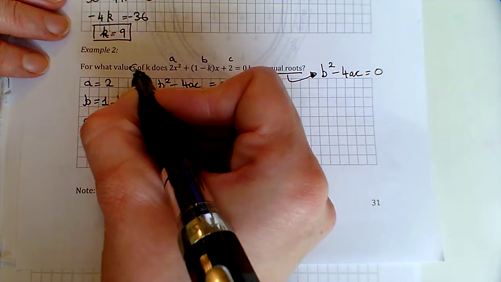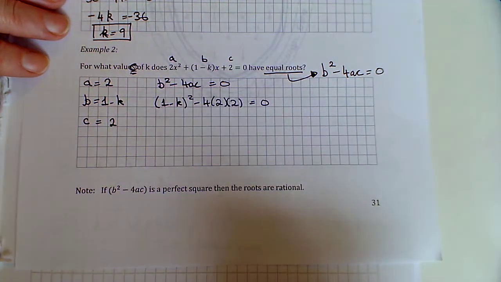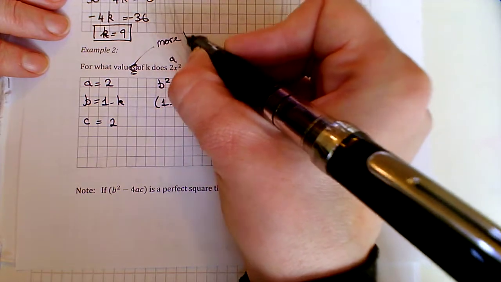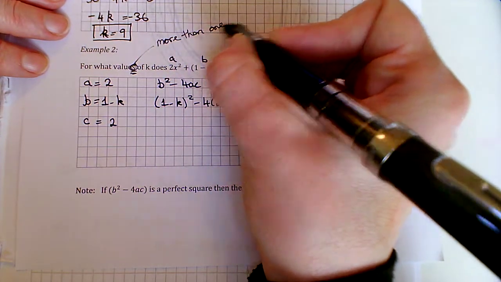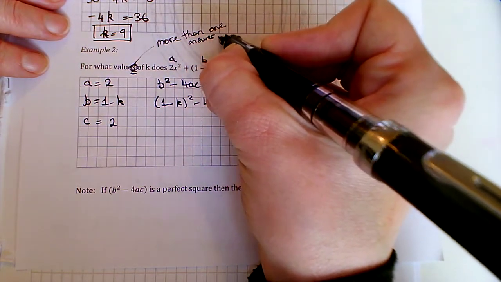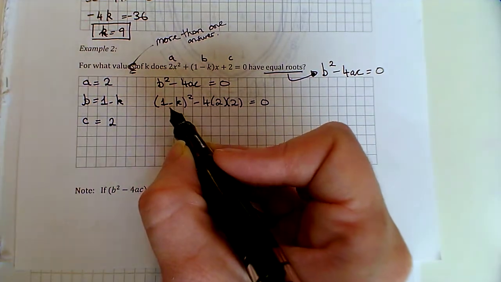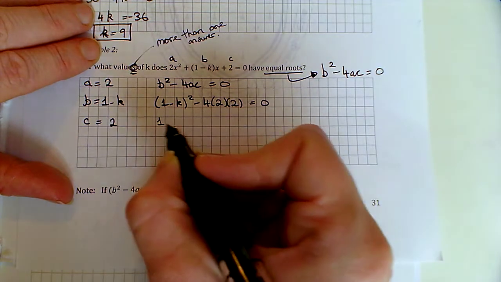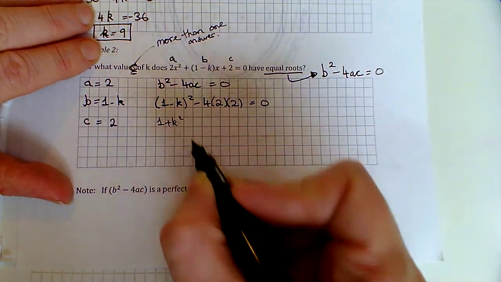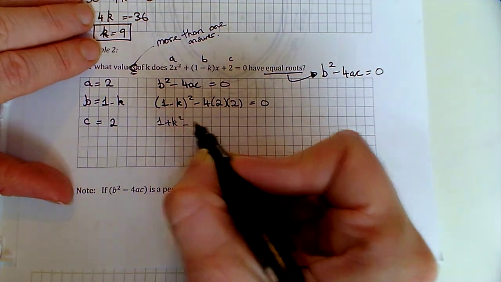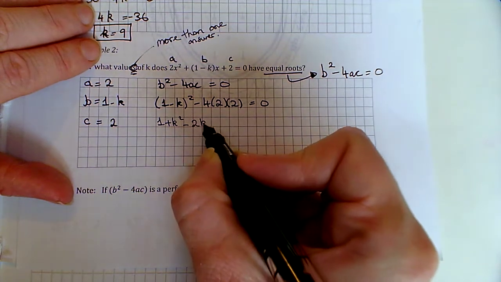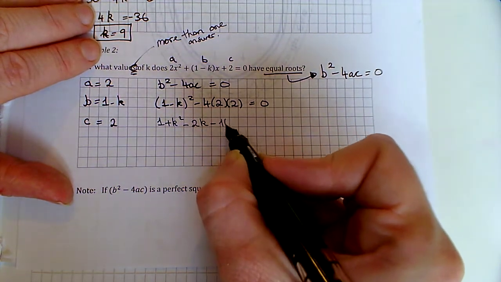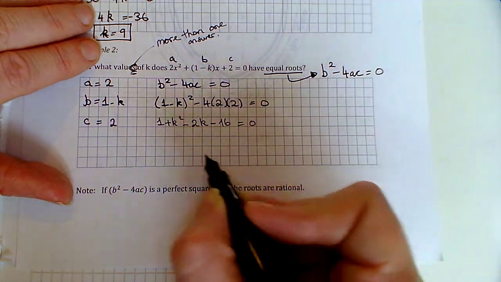So I square out my brackets and I solve for k. And you'll notice the question said values. So we know that we'll get more than one answer. So here, square the first, we get 1. Square the last, k squared, and double the product, minus 2k, minus 4 by 2, minus 16 equal to 0.